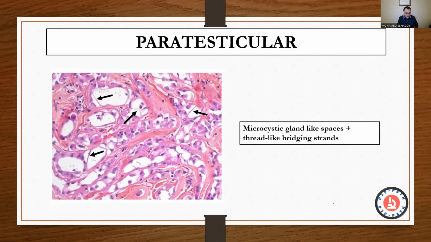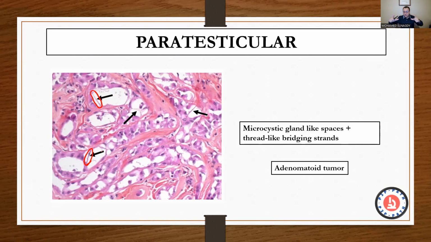This is a paratesticular neoplasm with these characteristic threads, characteristic threading or bridging. We call thread-like bridging strands. This is called adenomatoid tumor. It usually comes in the question as a paratesticular mass.